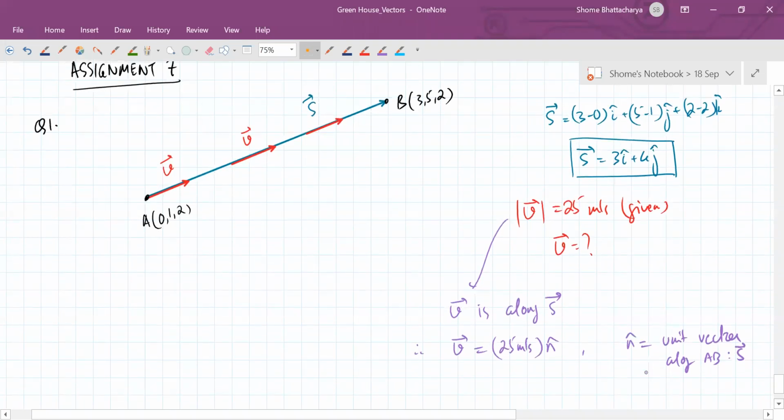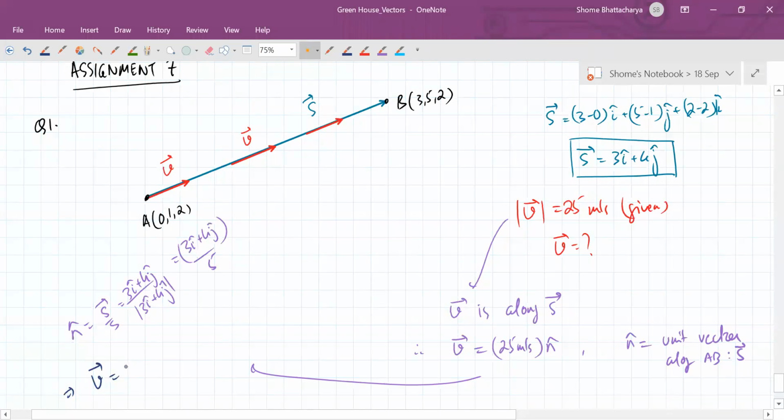So that unit vector can be expressed as nothing but the vector s divided by its magnitude. That's the unit vector.